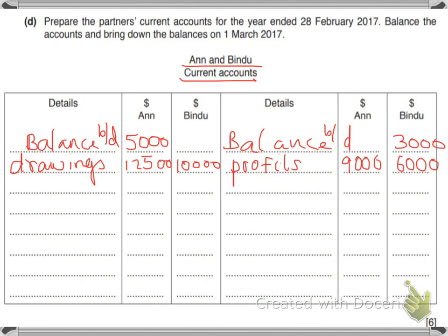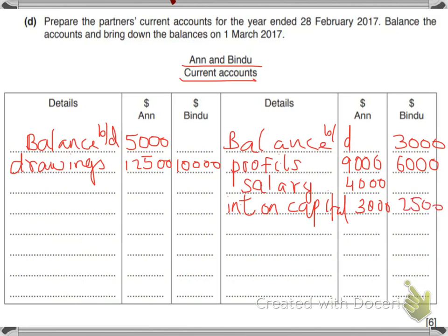The partner salary we have for Anne only, and it is 4,000. After that we also need to record the interest on capital here on the credit side. The interest on capital for Anne is 3,000 and for Bindu it is 2,500.